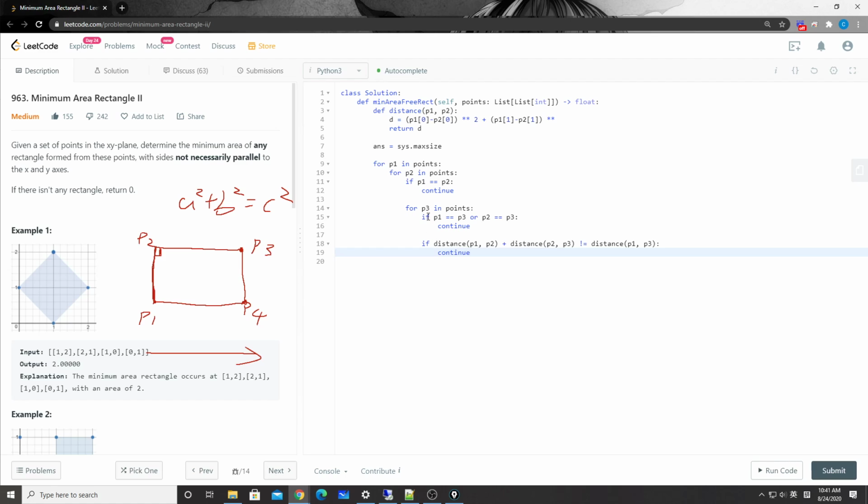Basically that P3 is not the third point we are looking for here.